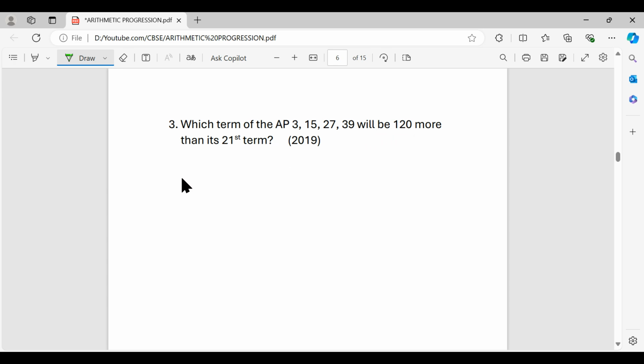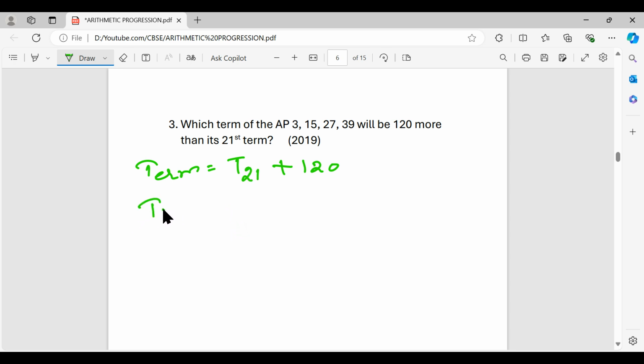They are asking about some term, and that term is 120 more than its 21st term. It means we need to calculate the 21st term here first.